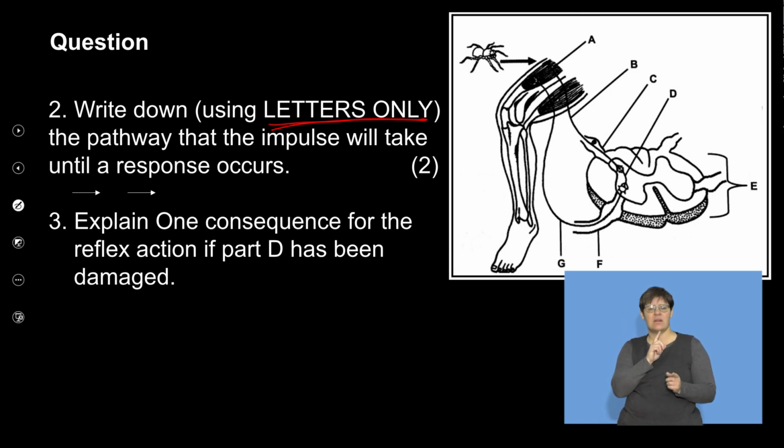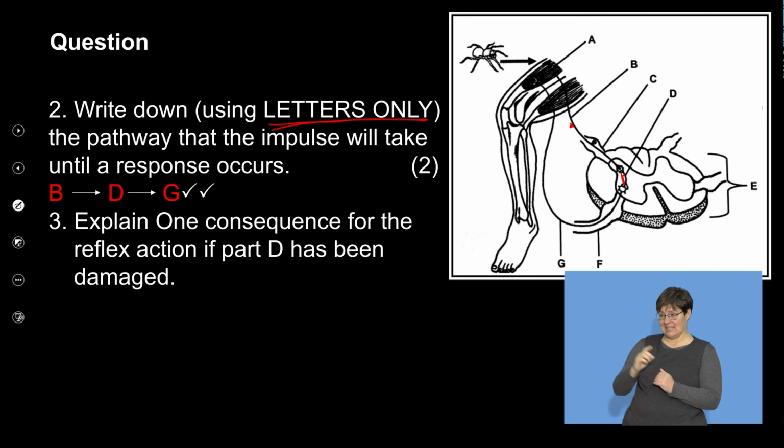That is the direction. Then let's see if our direction is correct. But they said you should give only letters. We said it's the neuron here, which is the sensory neuron, through the D here, which is the interneuron, to the G here, which takes the impulse to the effector. That would be your motor neuron.